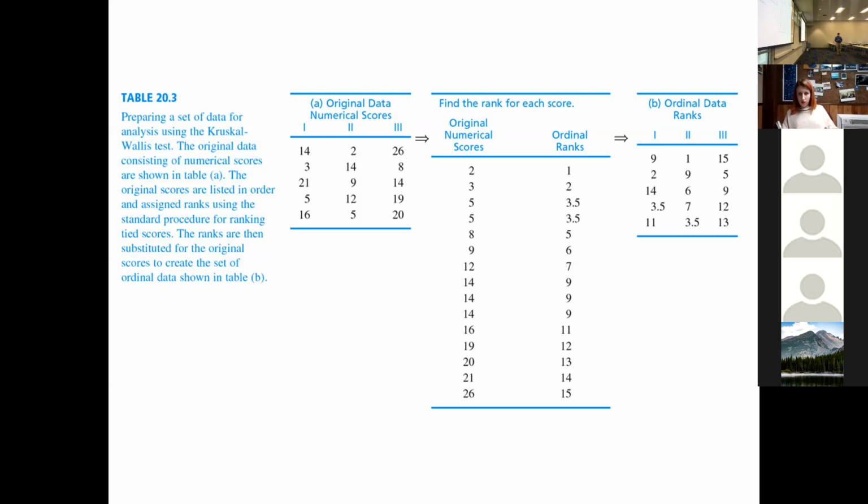So again, we have our original data here. We combine all of them together, and then we rank order them. You then put the corresponding ranks back into their columns, and you'll calculate from there.